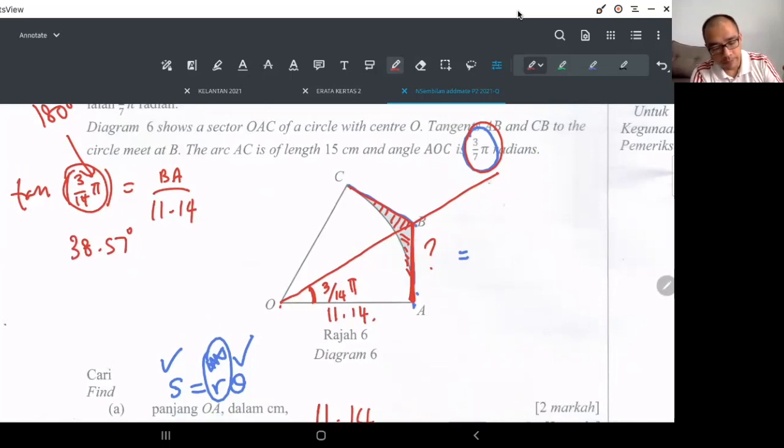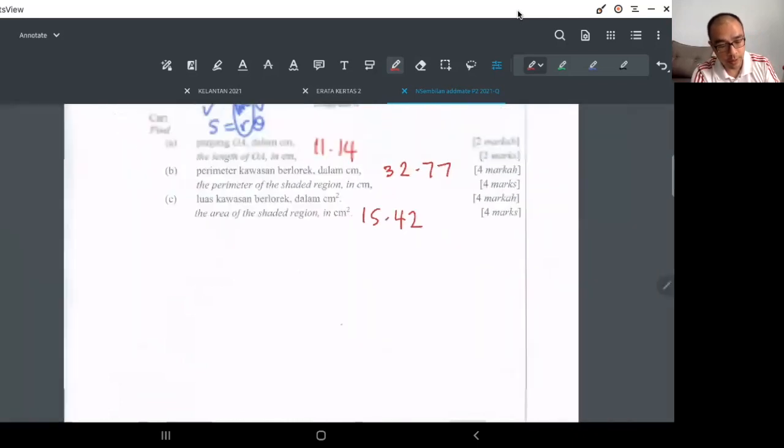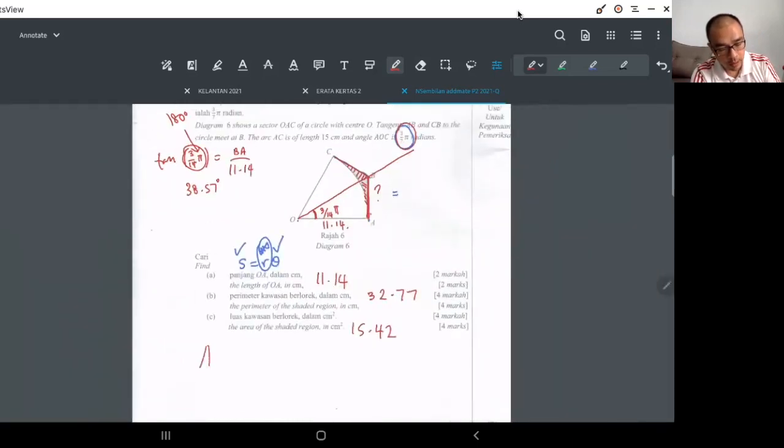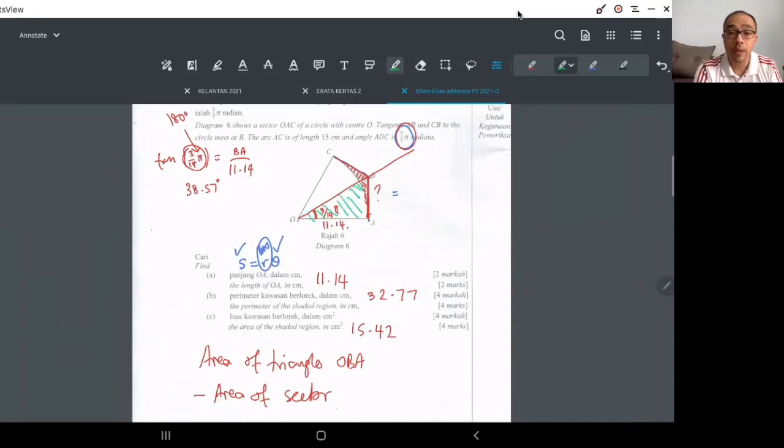Calculate the area of triangle OBA minus the area of sector, the green color. Then after that you times 2, because whatever you do on one side, you get on the other side. You should be able to get 15.42 cm.